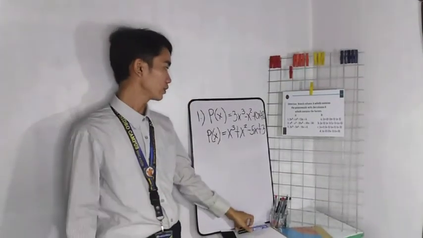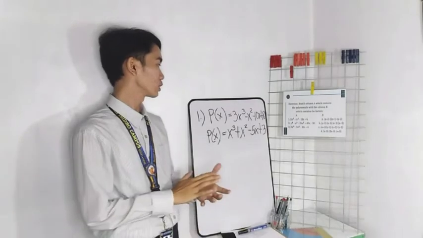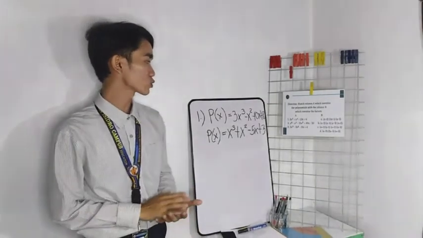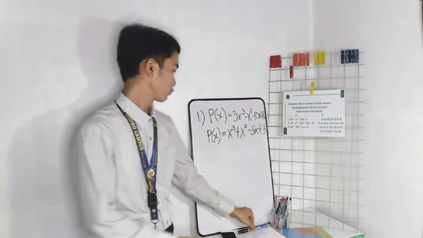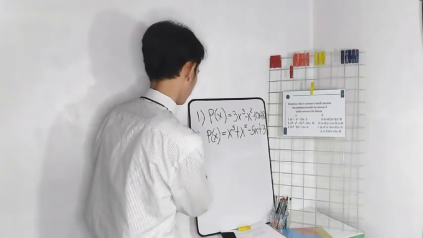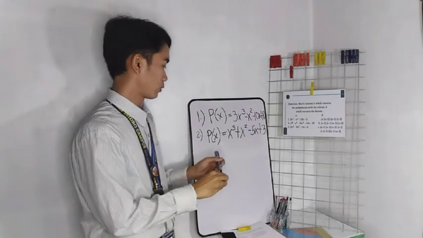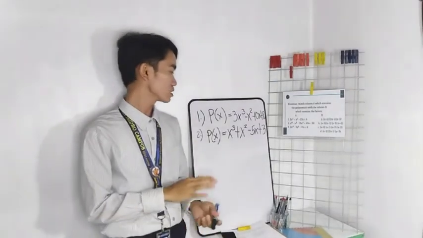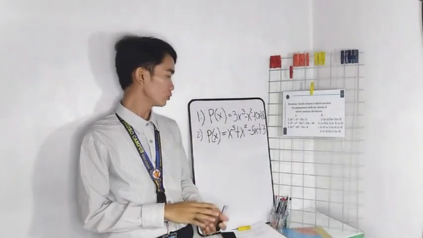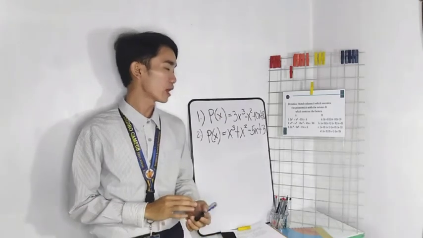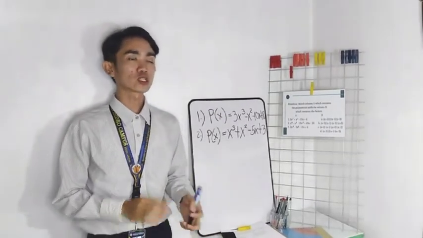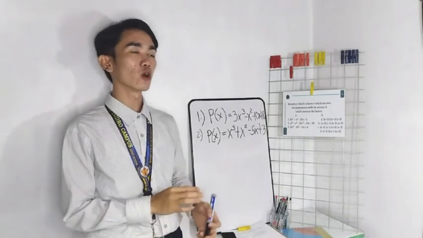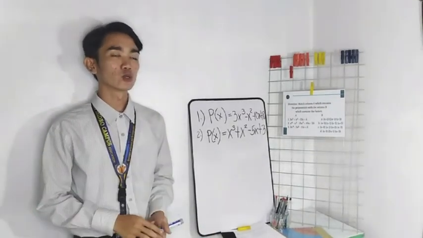So we have here p of x is equal to 3x cubed minus x squared minus 10x plus 8. And for number 2, we have p of x is equal to x cubed plus x squared minus 5x plus 3. Just solve it in your notebook and we're going to check it tomorrow.